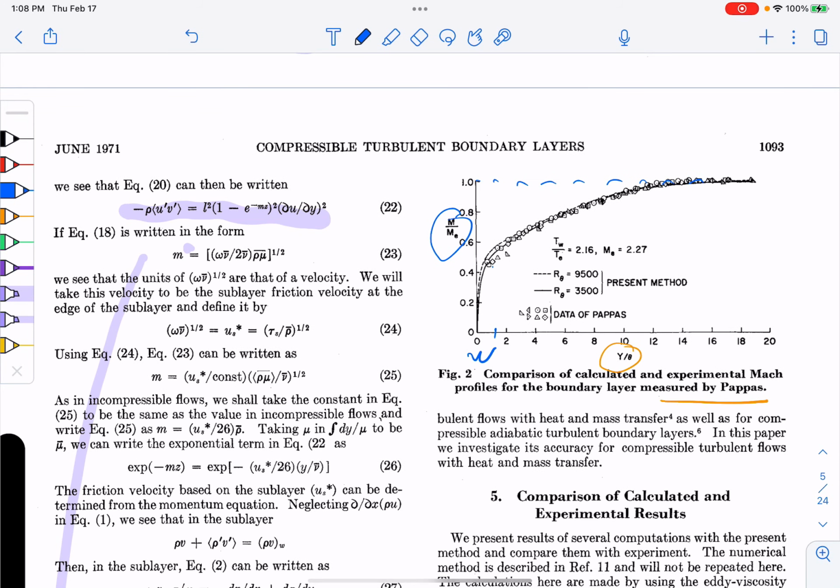And you can see the collapse of data over a number of predictions with this method. So 2 different experiments, multiple Mach numbers, Reynolds numbers, temperature ratios are all predicting the mean flow and probably temperature profiles correctly, because Mach number, right, goes as u over the square root of gamma RT, roughly, in the boundary layer.